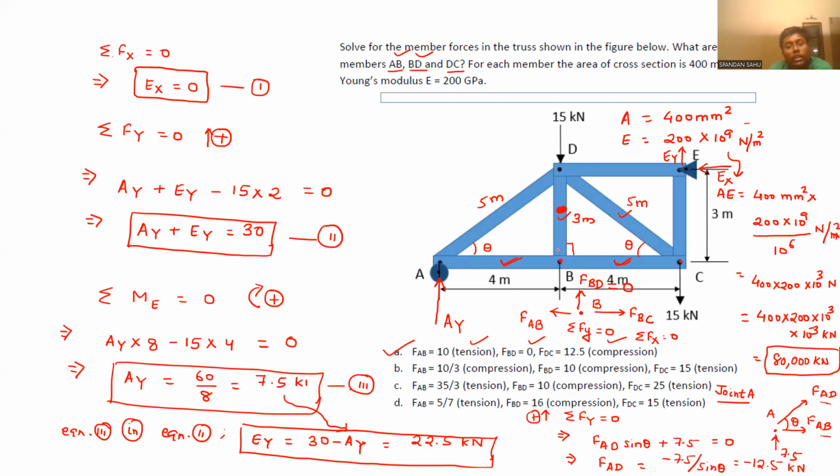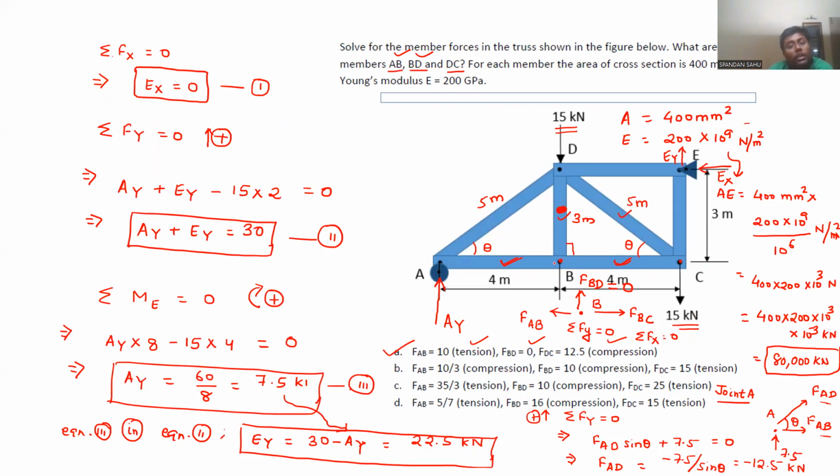So for that, we need to calculate for those external forces, what are the member forces? And after that, we have to remove these external forces and apply one unit load at joint B vertically.